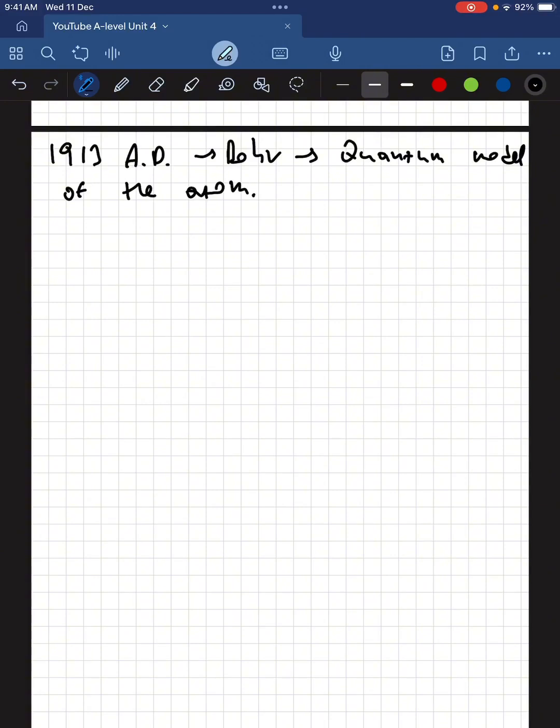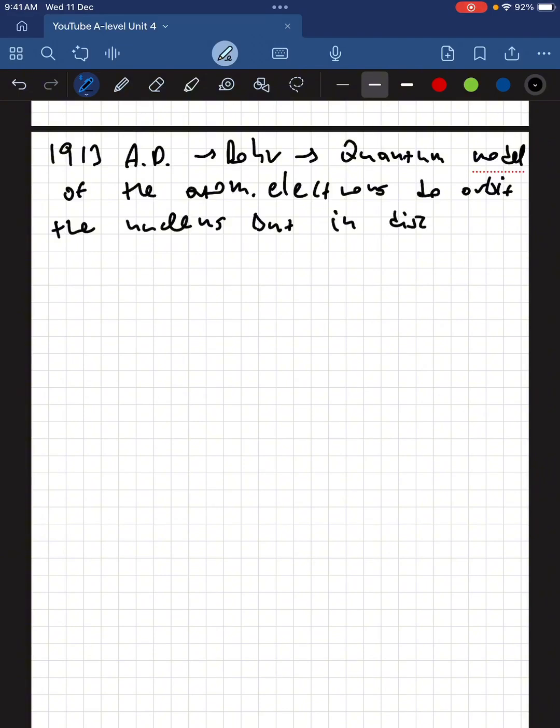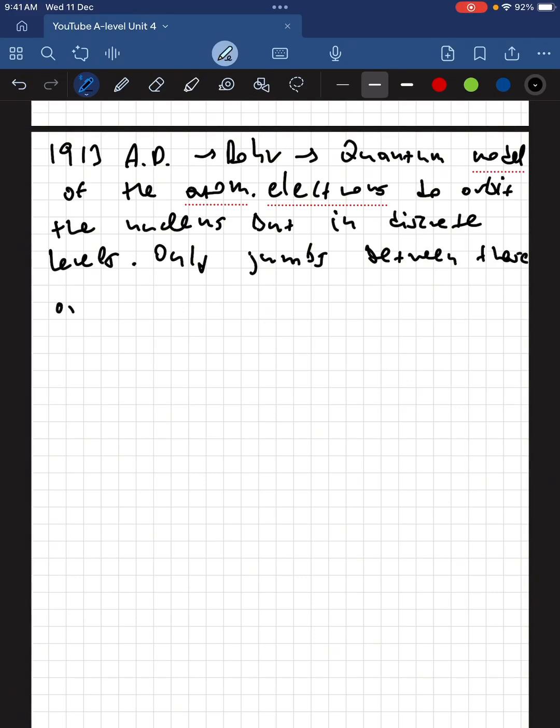So this guy figures that electrons do orbit the nucleus, but in discrete levels, or quantized levels, as we say. Only jumps between these orbits are allowed. And what do we mean by that?